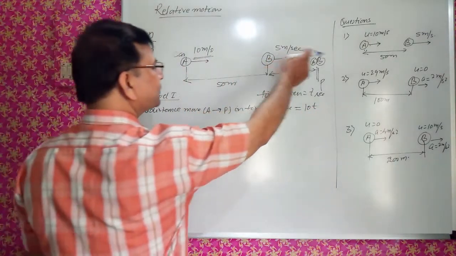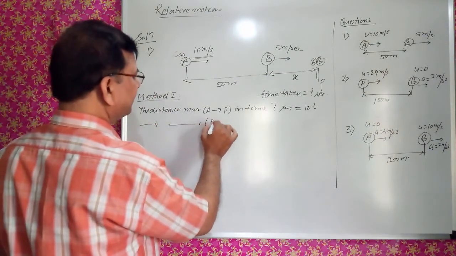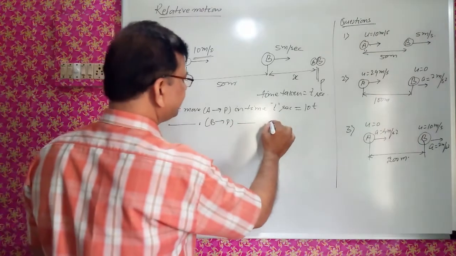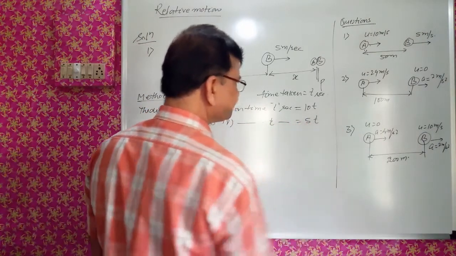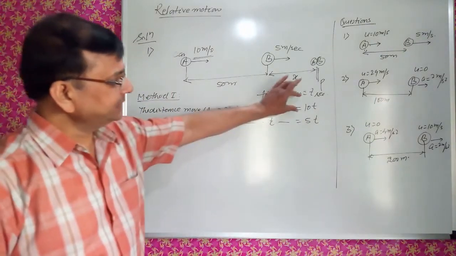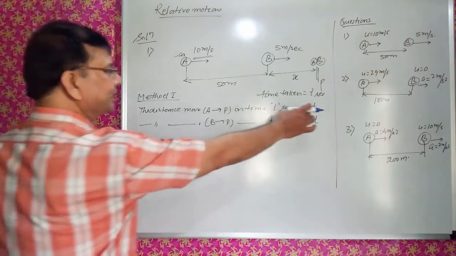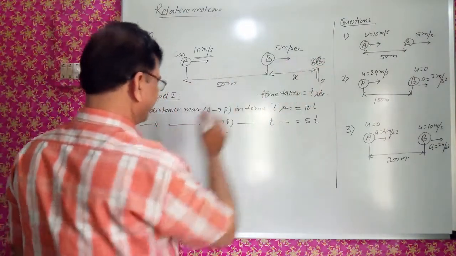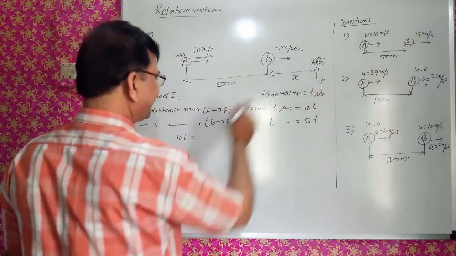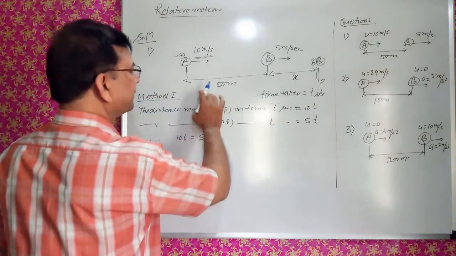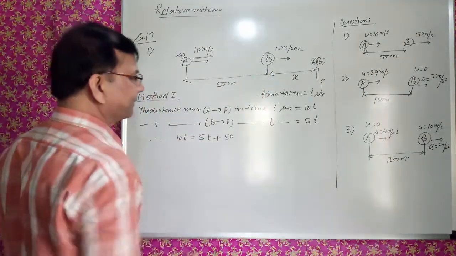Similarly, B moves with 5 meters per second, so the distance moved from B to P in time t seconds is equal to 5t. So 10t is the total distance from A to P. Therefore, 10t is equal to 5t plus 50, the 50 meter distance between A and B, right?